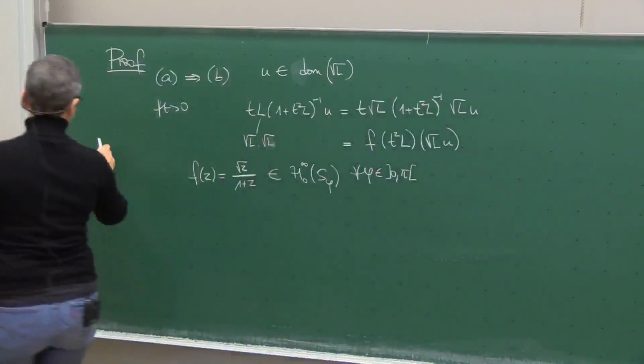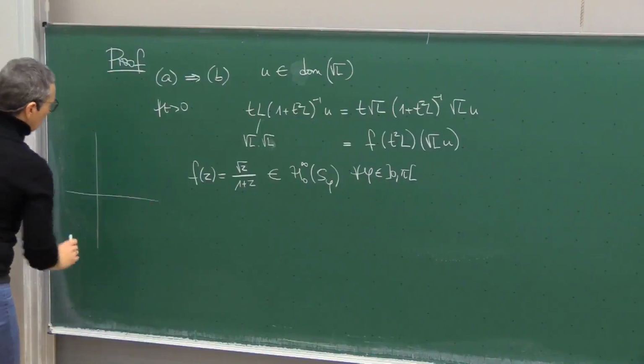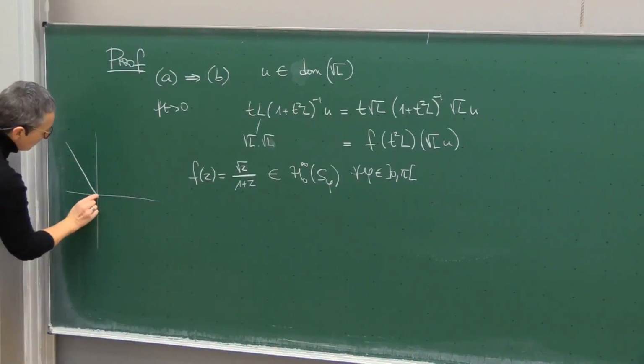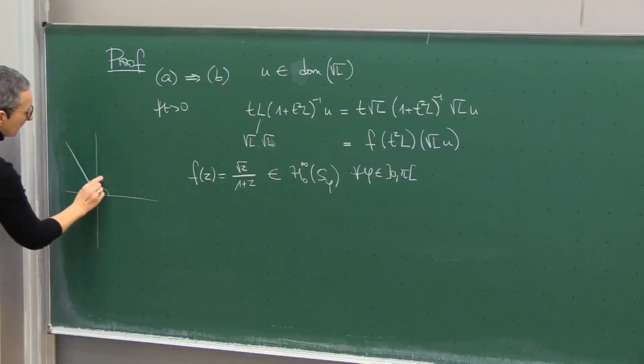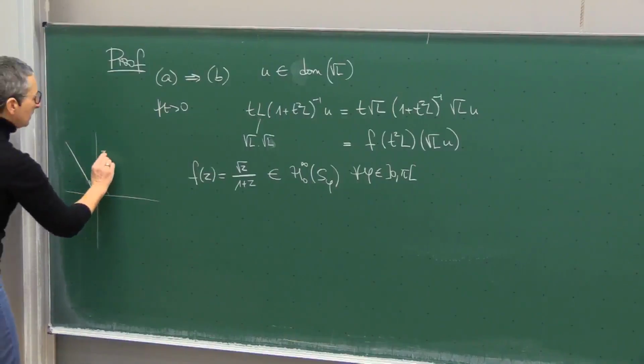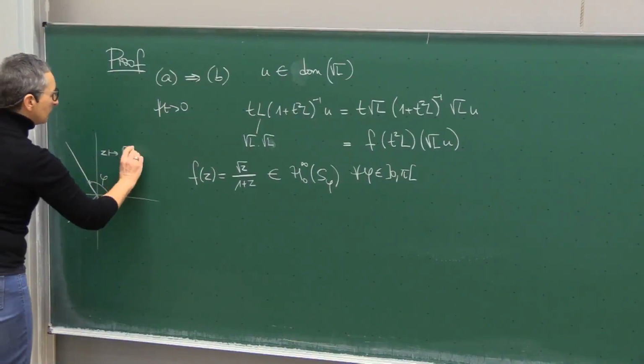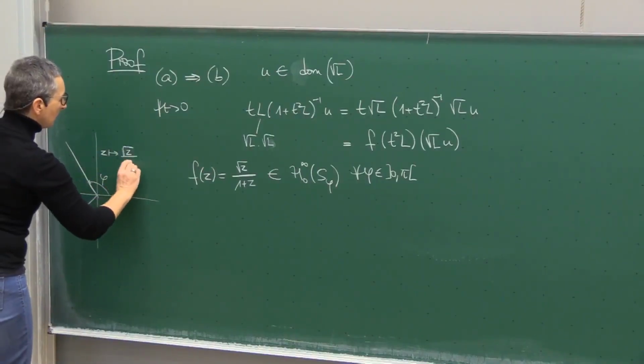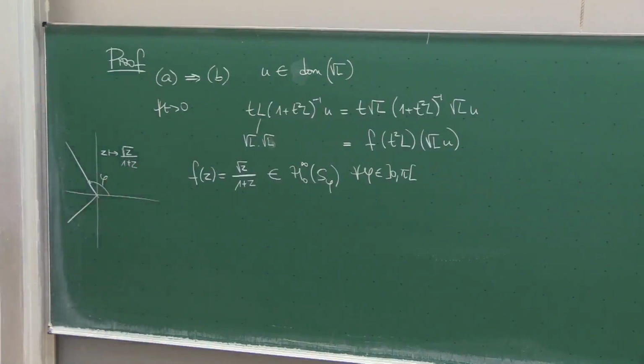So this is phi, and here I have the function square root of z divided by 1 plus z. It's holomorphic, has the good properties.